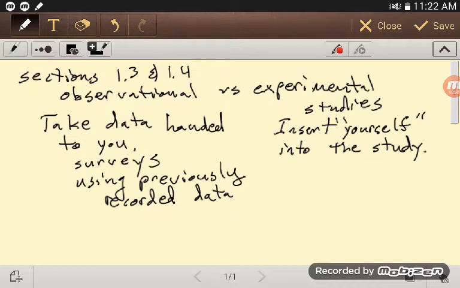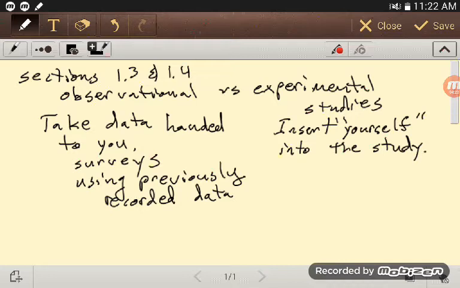Now, we have histories of doing those studies. We don't do them anymore. For instance, you can look up things like the starvation studies, where we had scientists starving people to see how they would do. What a horrible idea.